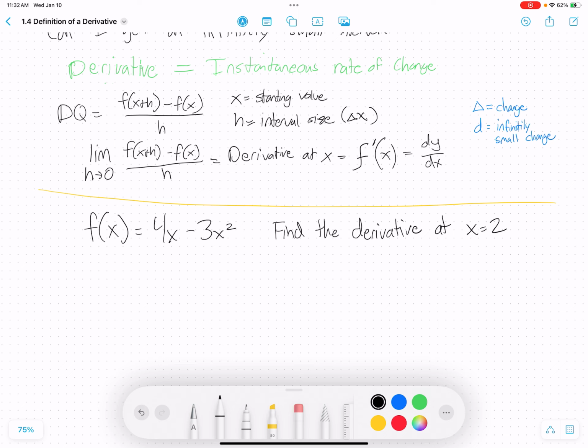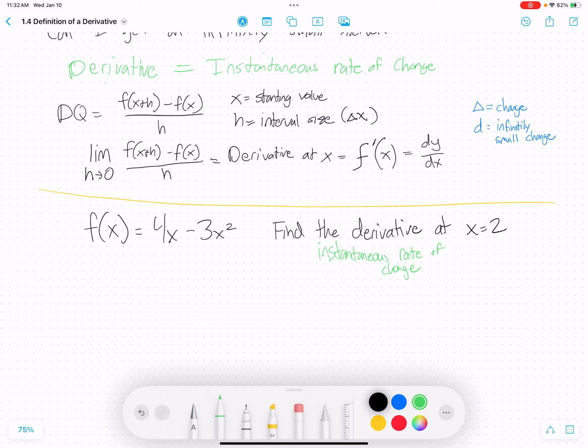Okay? Remember, by derivative, what am I talking about? I'm talking about this instantaneous rate of change. That's what a derivative is.